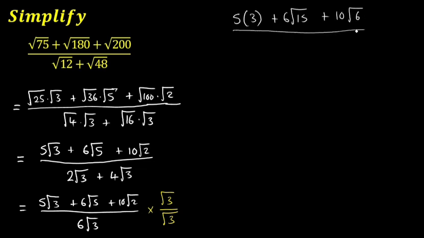Now this is over 6 root 3 times root 3, which will give us 6 times 3. Okay, so this implies that in the numerator we have 15 plus 6 root 15 plus 10 root 6.